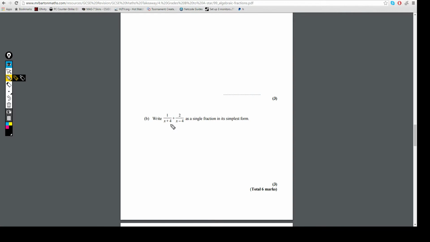Basically you get the denominator from this one, which is x minus 4, and put it into this one. Although we've done that, we have to also get the x plus 4 and put it into this as well. I've done brackets around the thing, making many mistakes today.